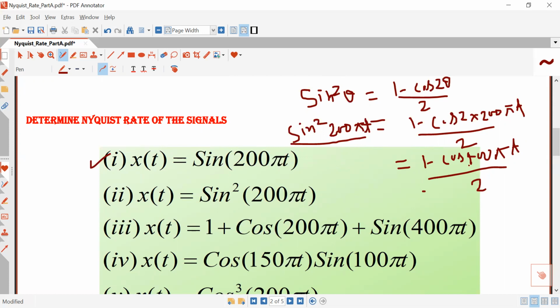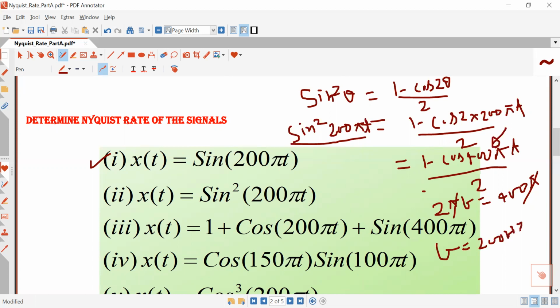And now you can get the highest frequency component present in the signal. It is obvious from this expression that the highest frequency component can be determined from here. Here 2 pi f, or omega, is 400 pi. So F will be 200 hertz.